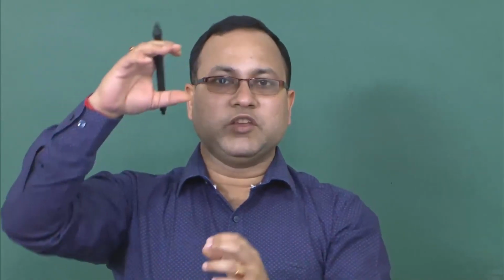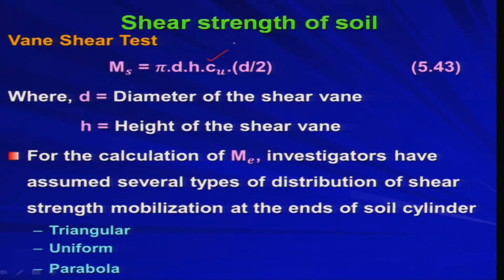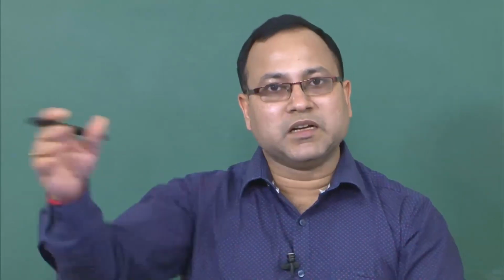So, pi d into h will give you the surface area on which you are getting the development of the side resistance due to the shear strength. So, pi d h into Cu will be the total force developed at the surface, multiplied by d by 2, that is the lever arm.